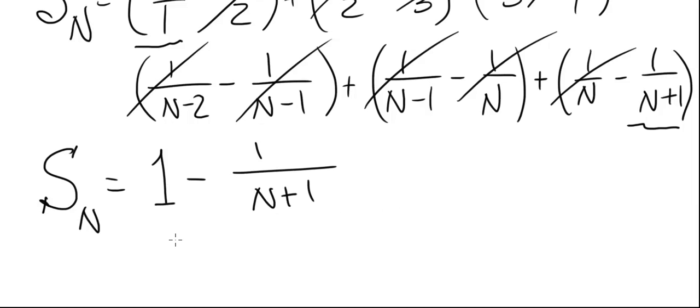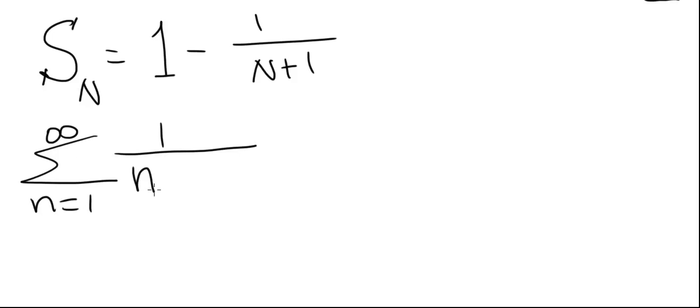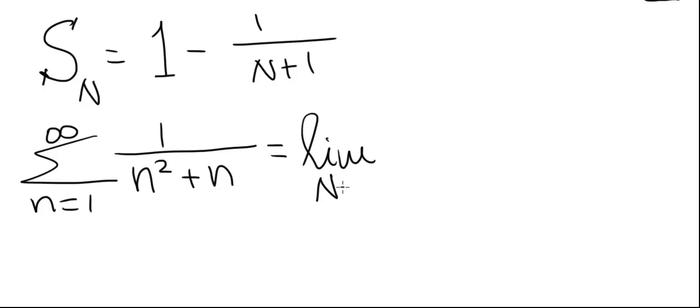We wanted to determine if the series converges or diverges, and the series was the summation from 1 to infinity. Let's write it in its original form, n squared plus n in the denominator. It is defined as the limit as capital N goes to infinity of Sn, the sequence of n partial sums, which we now have a formula for.